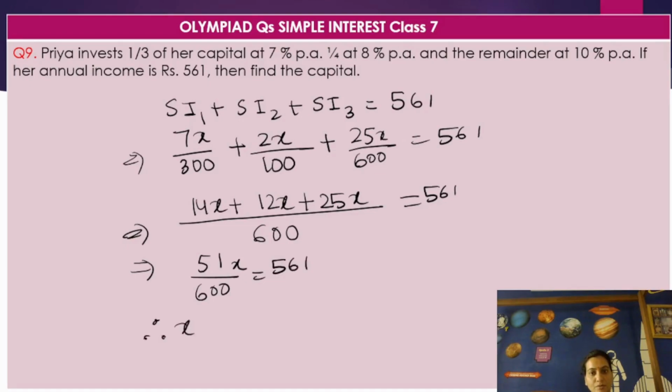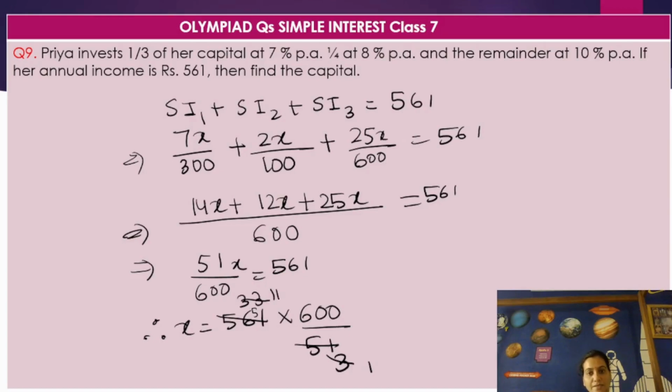Therefore, x will be equal to 561 divided by 51 by 600, which will be the reciprocal, getting multiplied. So I am directly multiplying the reciprocal. 17 3s are 51, and again here 17 3s are 51. 56 minus 51 will give me 5. Again here it becomes 51. So again 17 into 3 is 51. So 3 ones are 3, 3 11s are 33.